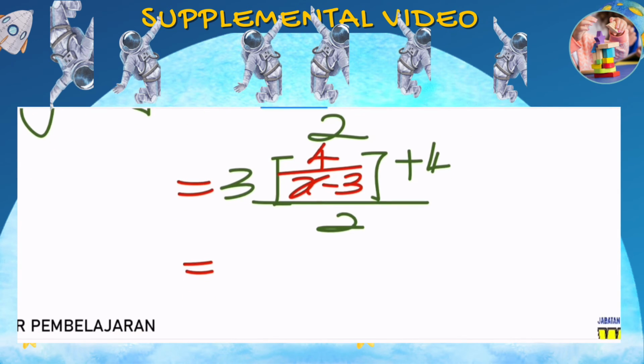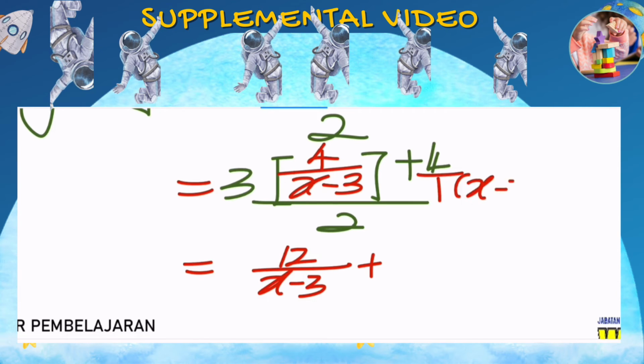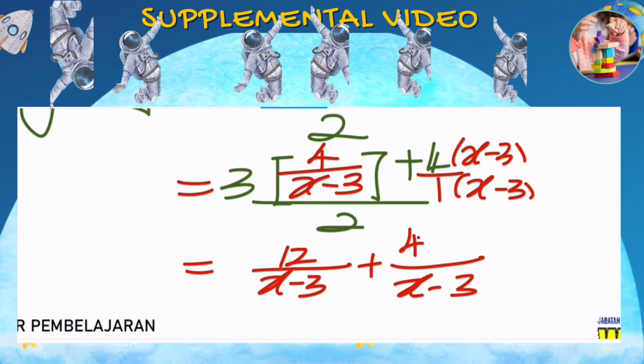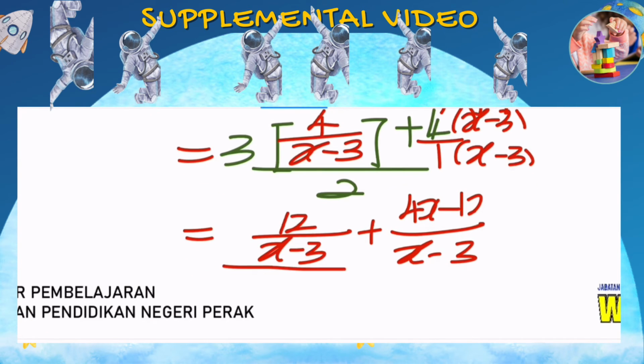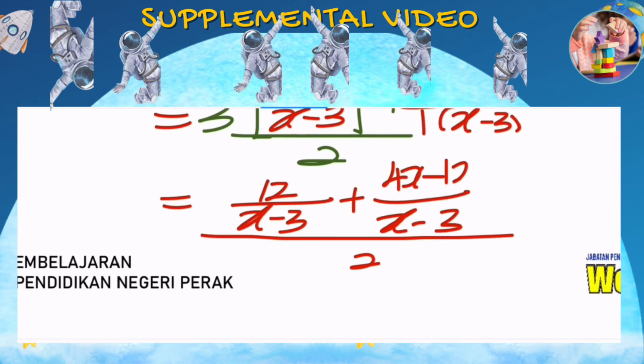Now we need to simplify carefully. So it will become 12, 3 times 4 is 12, over x minus 3 still there, plus 4 over 1. And as I said, we need to make the denominators the same for x minus 12, right? We expand like that: 4 times x, 4 times negative 3, over 2, right? The whole thing over 2.